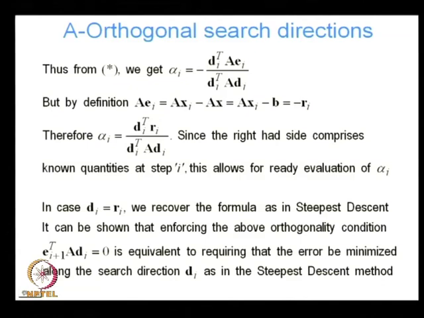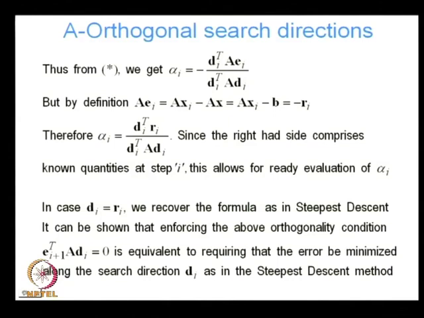If I use these two things, I can calculate my step alpha i, and then move in the di direction by that step. Since the right hand side comprises known quantities at step i, this allows for ready evaluation of alpha i.